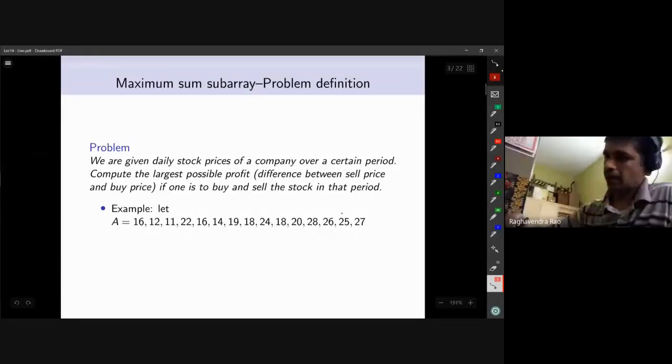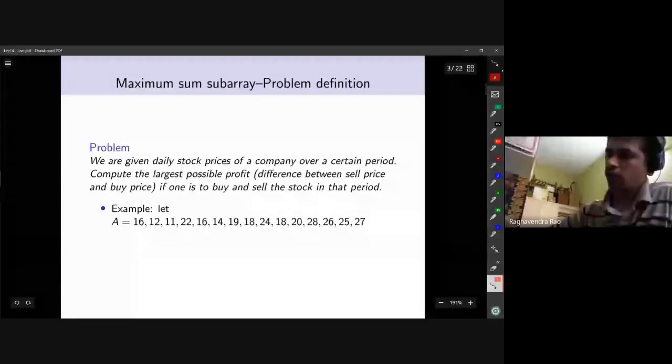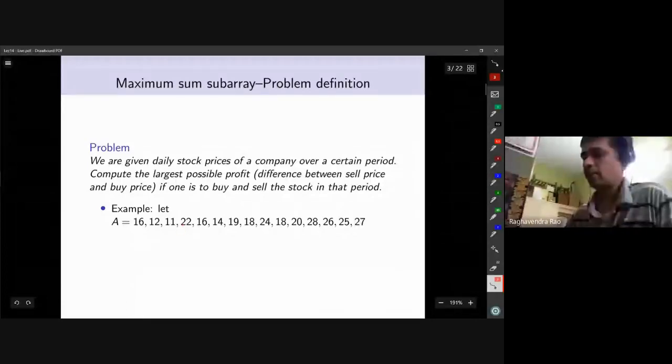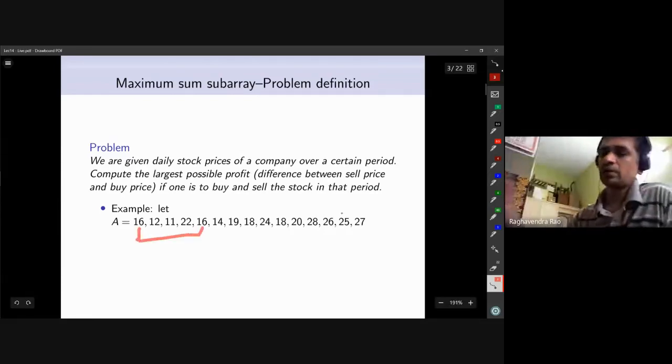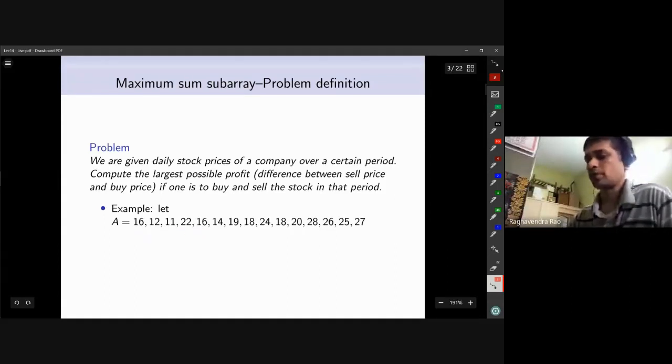So let's take an example. If one is to buy on day 1 and sell on, say, day 4, then we'll make a profit of 6 rupees per share. Similarly, if one is to buy on day 1 and sell on day 5, there is no profit, no loss.